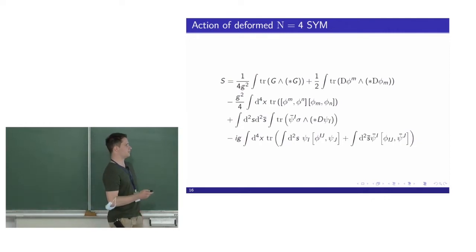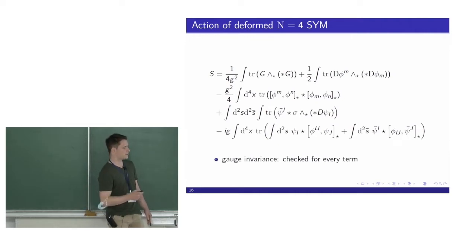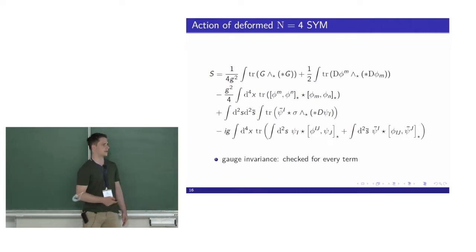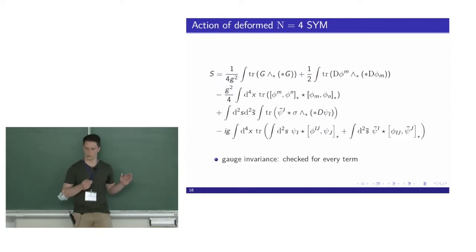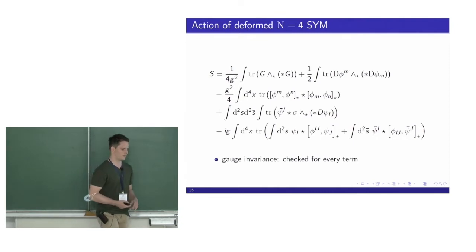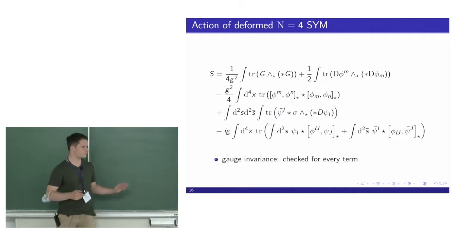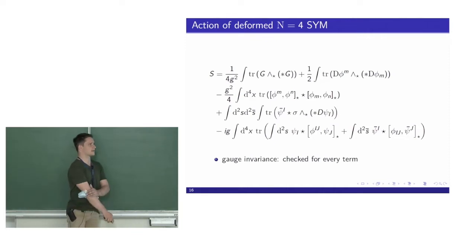And this can be immediately deformed by just replacing products by star products. And we can check explicitly that these terms are all gauge invariant, which again gives us this n equals 4 super Yang-Mills for this deformed space beyond the canonical deformation. So that's kind of nice.